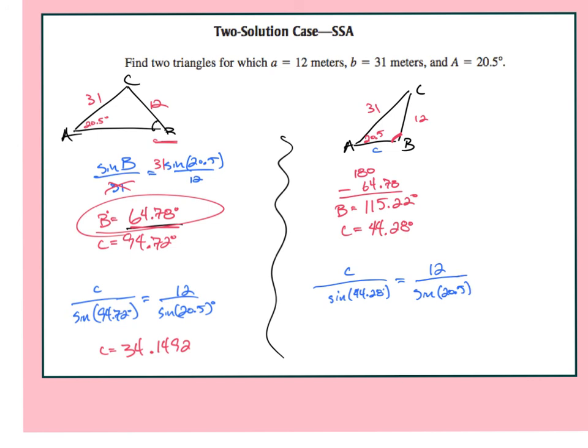And so I can do this in one shot. We multiply by sine of 44.28. All right. And so once we multiply there, we end up getting our new side C would end up being 9229.